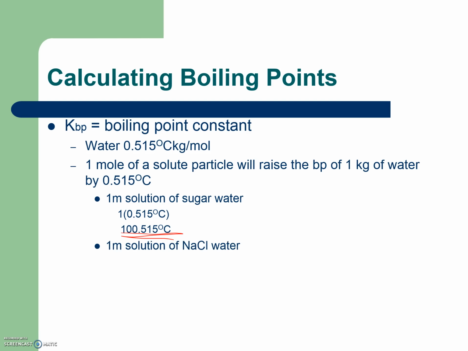If we have something like sodium chloride in water, sodium chloride is an ionic compound, and it is going to dissociate. So it's going to break apart into Na+ and Cl-. So here I have to take into account how many particles I have, so it's 2.